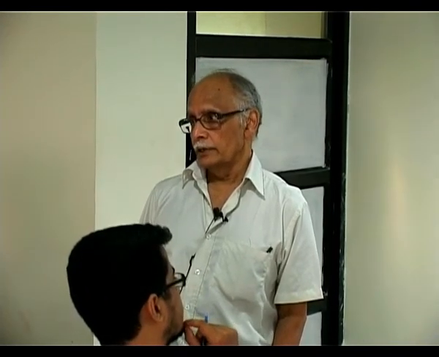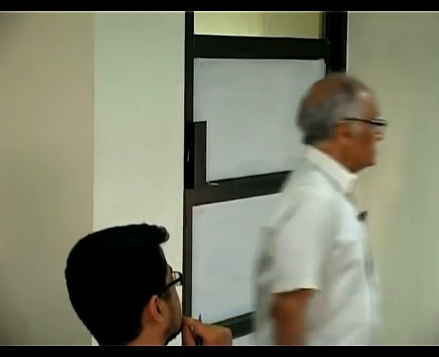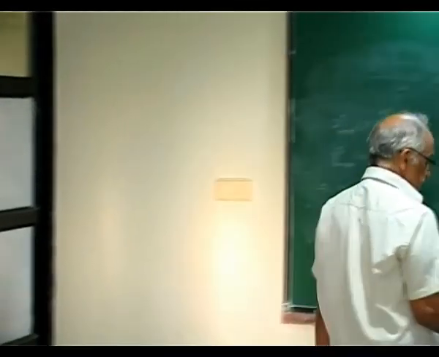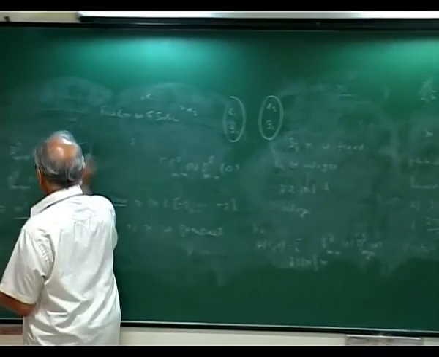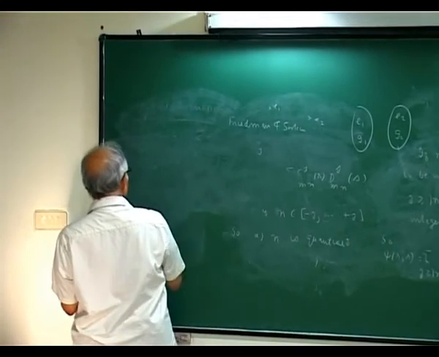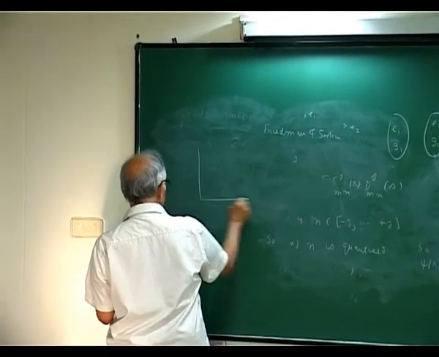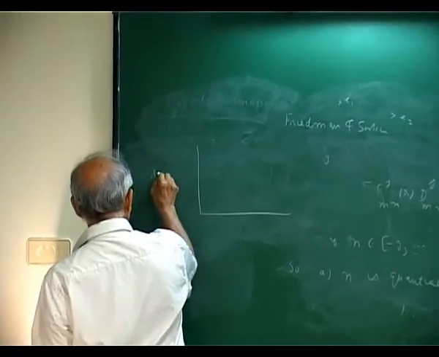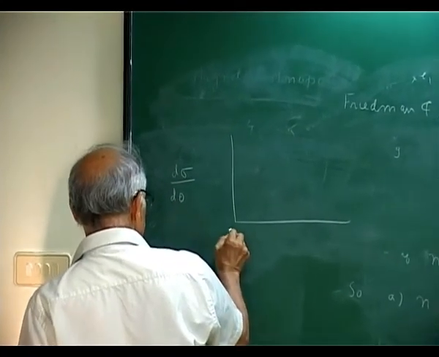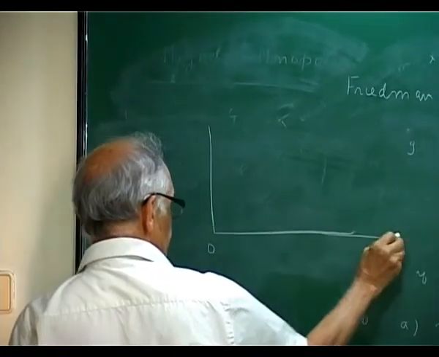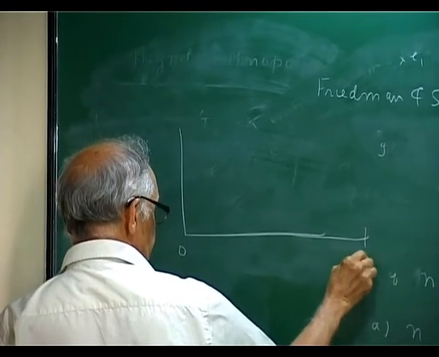Now I want to finish by noticing the following fact. Next Monday I will do Chern-Simons. I want to finish this, but I want to show you this thing: if I plot the differential cross section, this is theta, this is 0 forward direction, and you go to the backward direction.